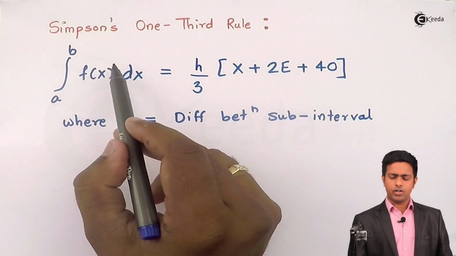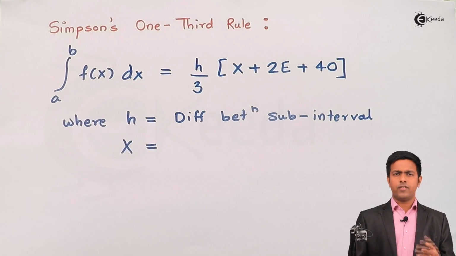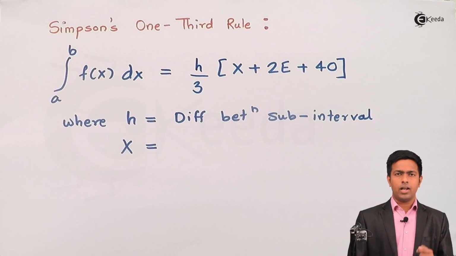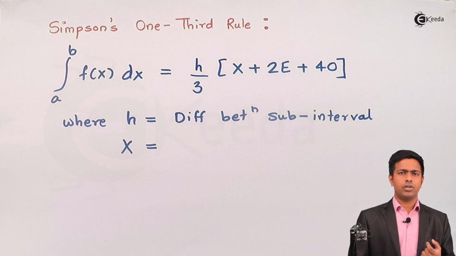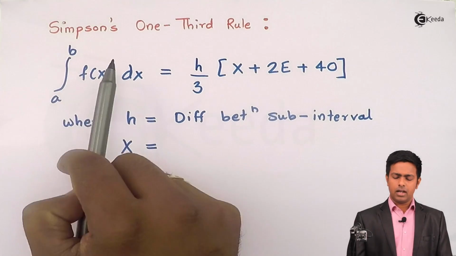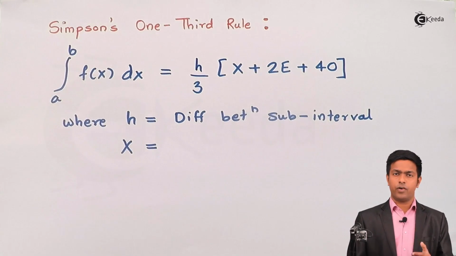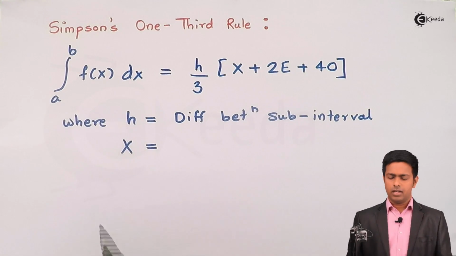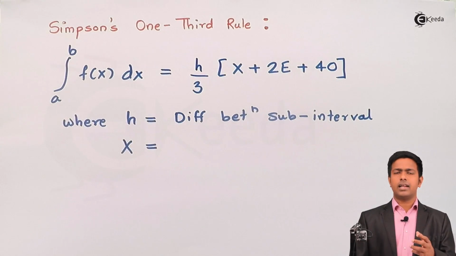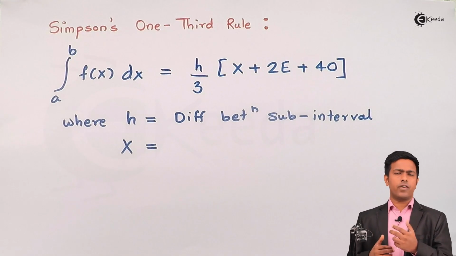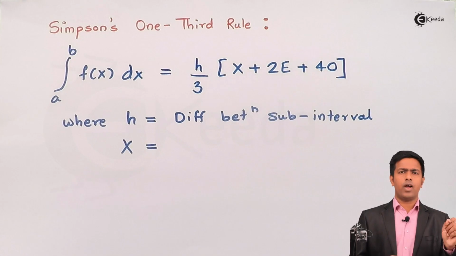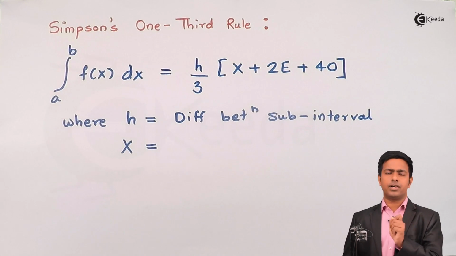Here we have the function f of x. Whenever we put any value of x in f of x, we get the value of the function at that point. Similarly, I am going to put each value of the subinterval in for x, so I get one value of f of x at each subinterval.